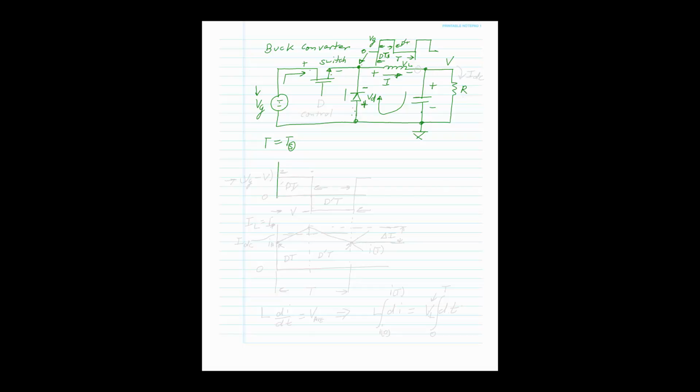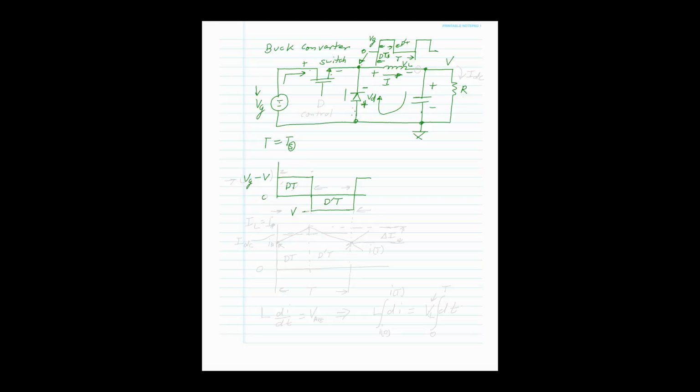If we make a little chart here, during the time the switch is on, which is DT, we're going to have the voltage across the inductor as VG minus V. And when the switch is off, that's the D prime T period, we're going to have the voltage across that inductor be V. Okay?